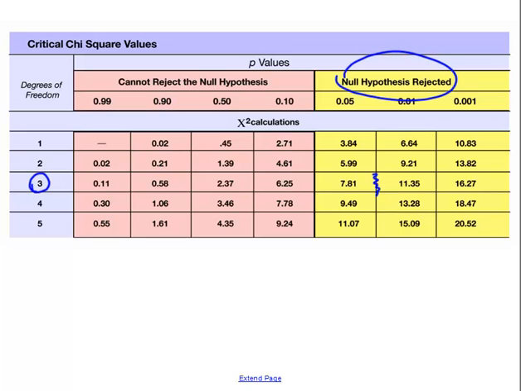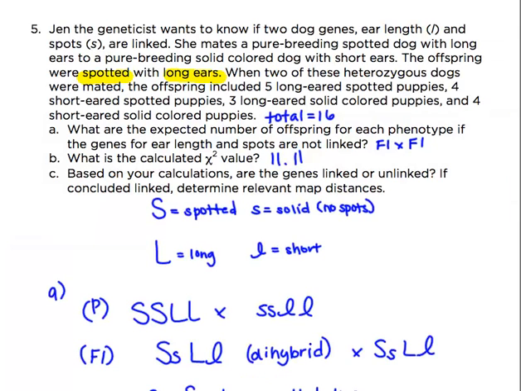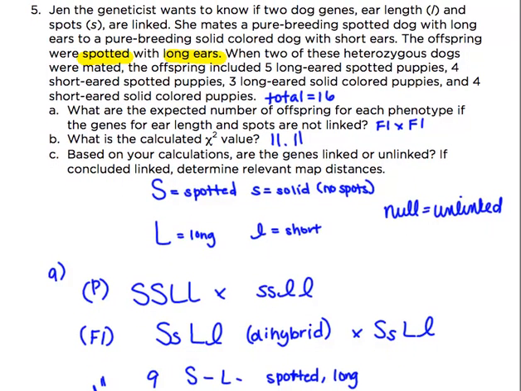Now remember, our null hypothesis is always that genes are unlinked. And that's how we determine the expected values. So if we're rejecting the null hypothesis, that means that these genes in fact are linked.